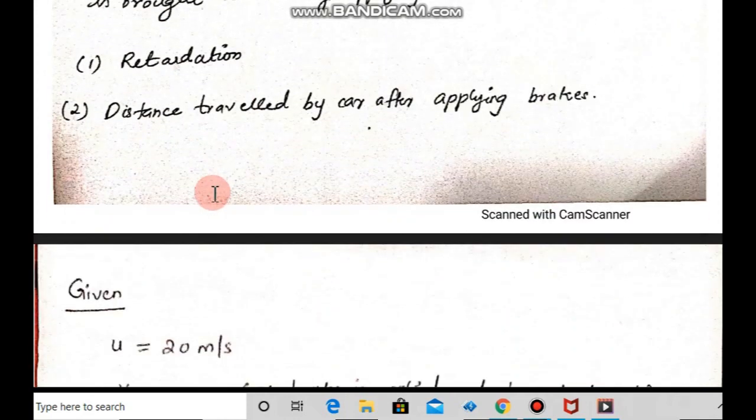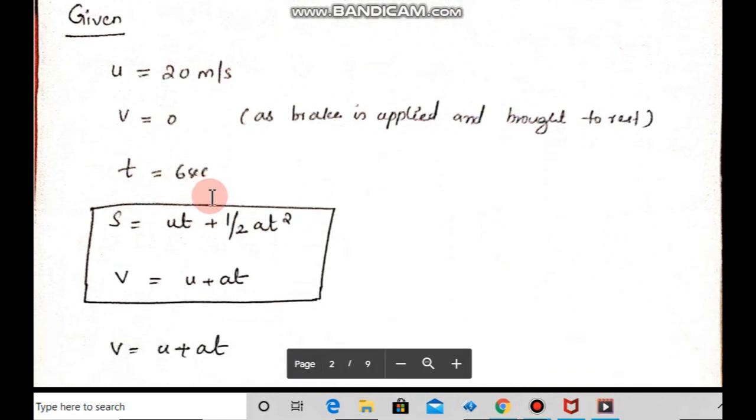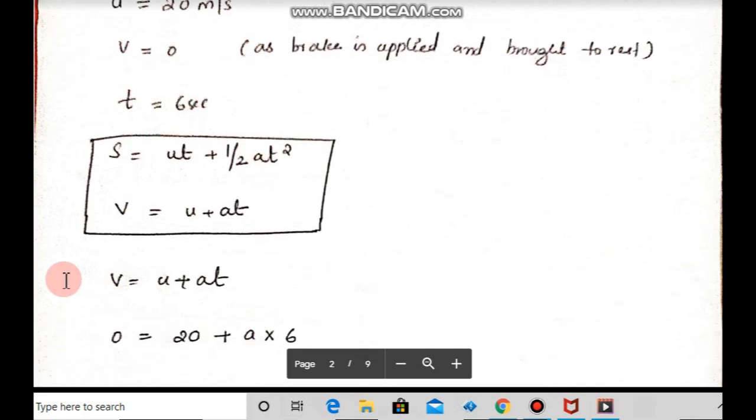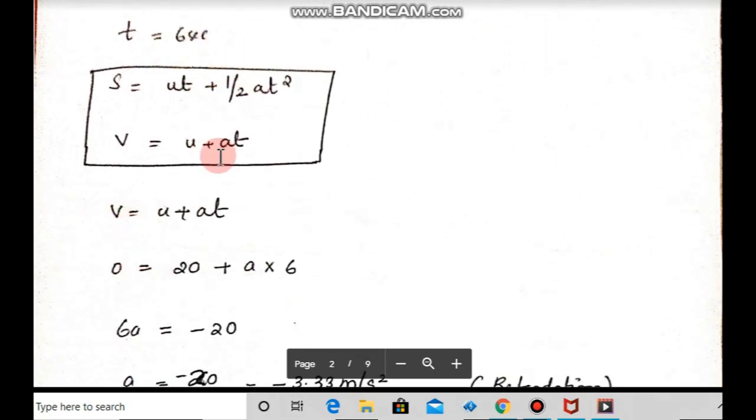So we'll go to the answer now. First you need to write the given things, because that is important in this part and it carries marks. So I've written all the given things. Okay, as a brake is applied and brought to rest, we can see that final is 0. Now our equation, we have these two equations can be used, because even t is given, and the third equation doesn't have t there.